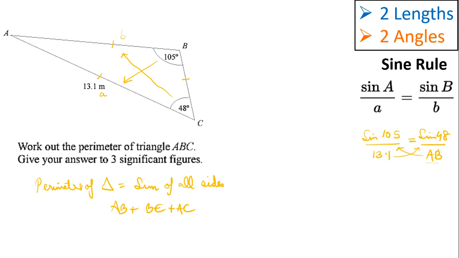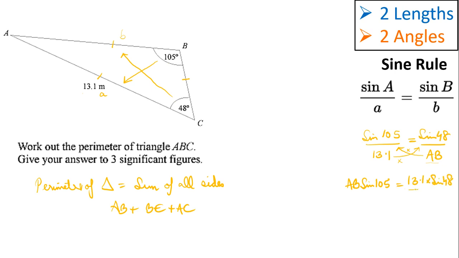So if AB is in division, when it goes to the other side, it turns into multiplication. Similarly, 13.1 is in division with the sine 105, so when it goes to the other side, it turns into multiplication. So when I write it down, AB sine 105 is going to be equal to 13.1 times sine 48.